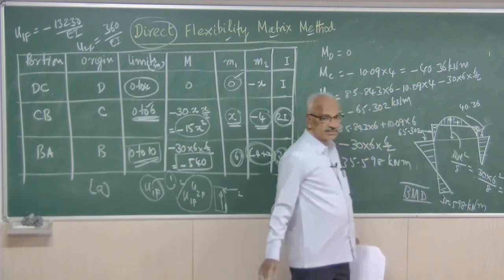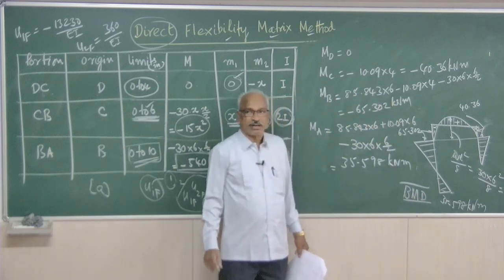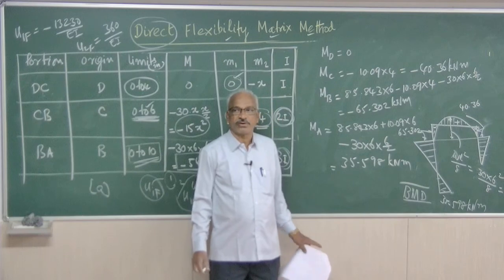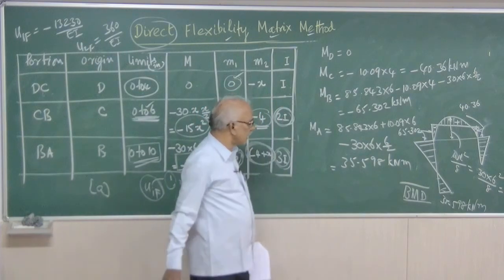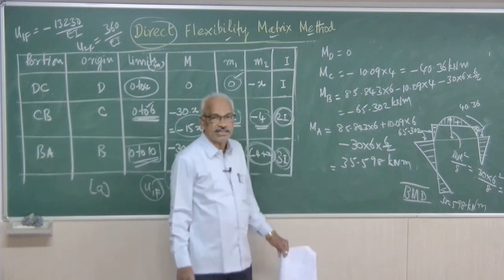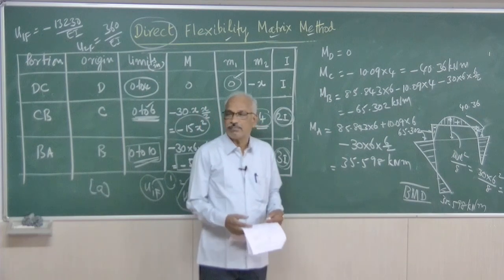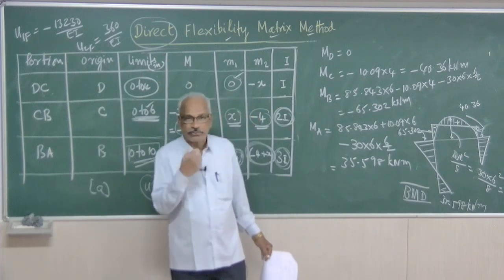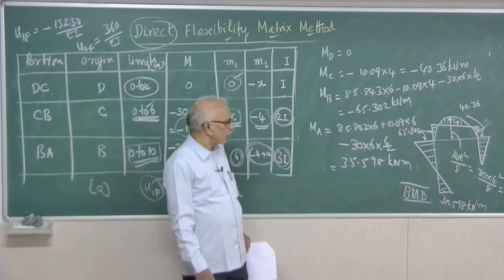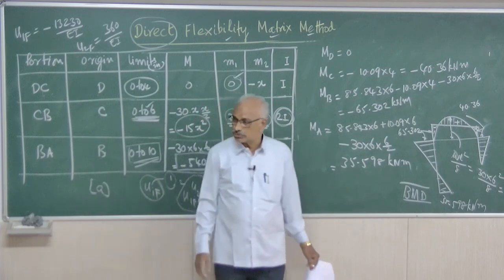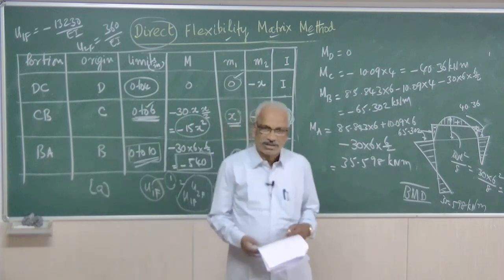So that completes the analysis of a frame subjected to a UDL, of unequal length and varying moment of inertia. That completes the analysis of a portal frame, and here we just used the unit load method.